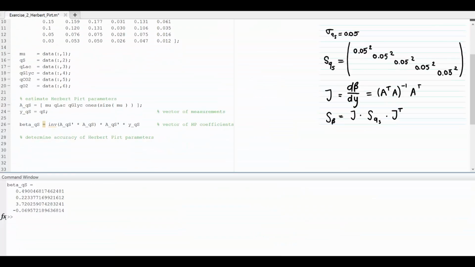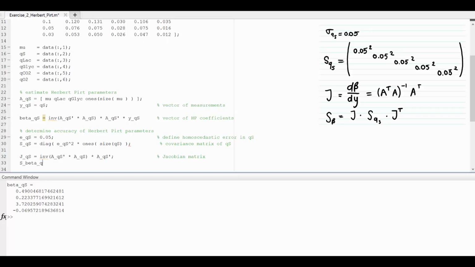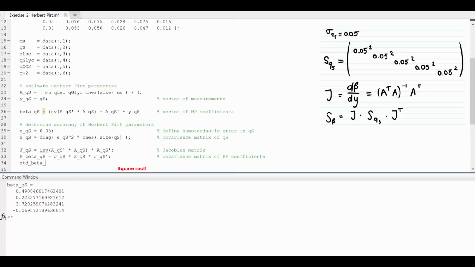Let's first define the homoscedastic error in QS as 0.05. Now we can define a covariance matrix of QS using this notation. Then we can calculate the Jacobian matrix using the provided formula and calculate the covariance matrix of beta, the Herbert Pirt parameters. If we take the square root of the diagonal, we obtain the standard deviation of the Herbert Pirt parameters.